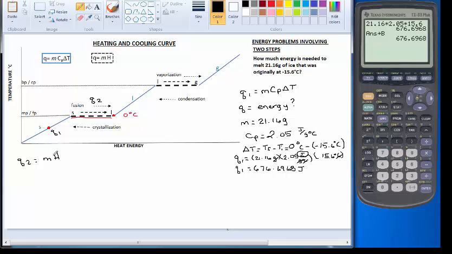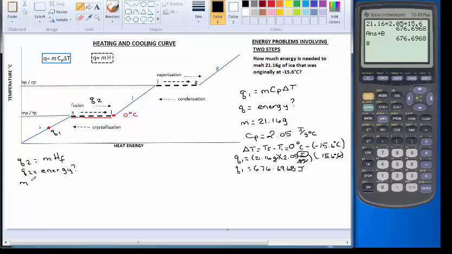There are lots of different H's that we can use, but since we are going from a solid to a liquid, and the name of that transition is the word fusion, we are going to use Hf for heat of fusion. In this problem, Q2, or heat energy, is what we are trying to find, so this is what we are going to be solving for.